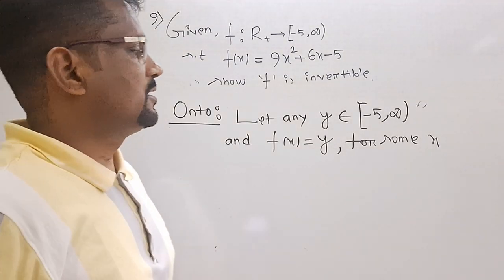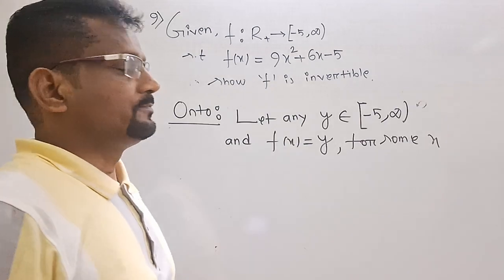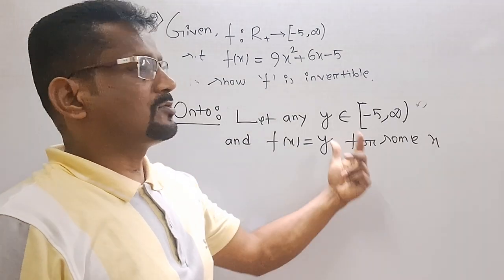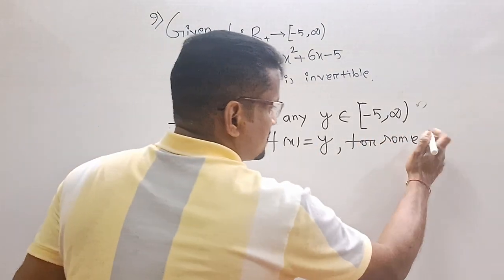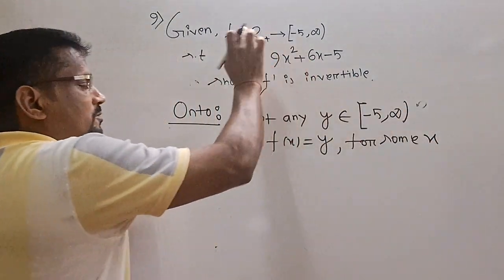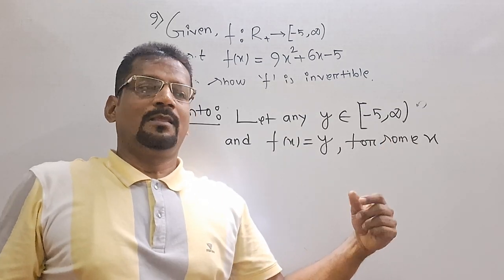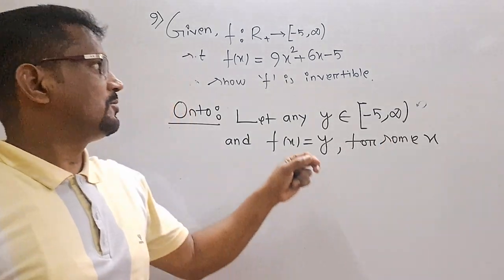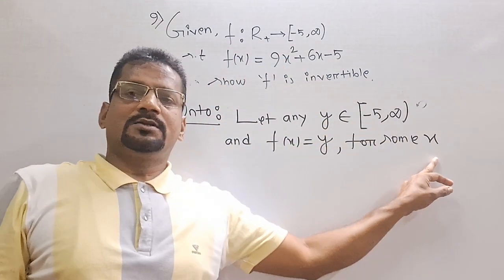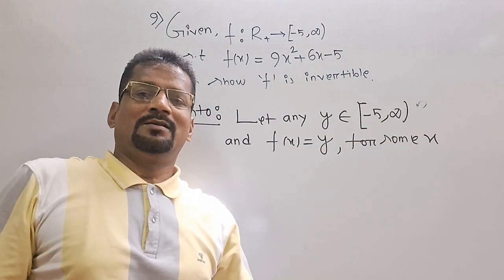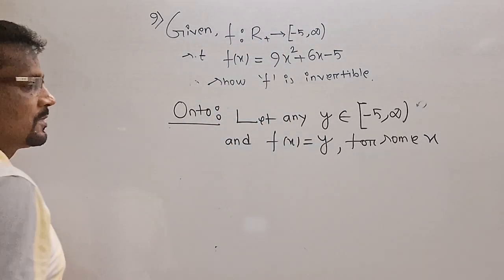Some students say for some x belongs to the domain, but if you say that, then there is nothing to show. So simply you say for some x. We don't know whether this x belongs to the domain or not. Now we will try to show that x belongs to the domain. For that, you observe the nature of the domain, the set of non-negative real numbers. If you can show x is a non-negative real number, then it is done. x belongs to the domain.